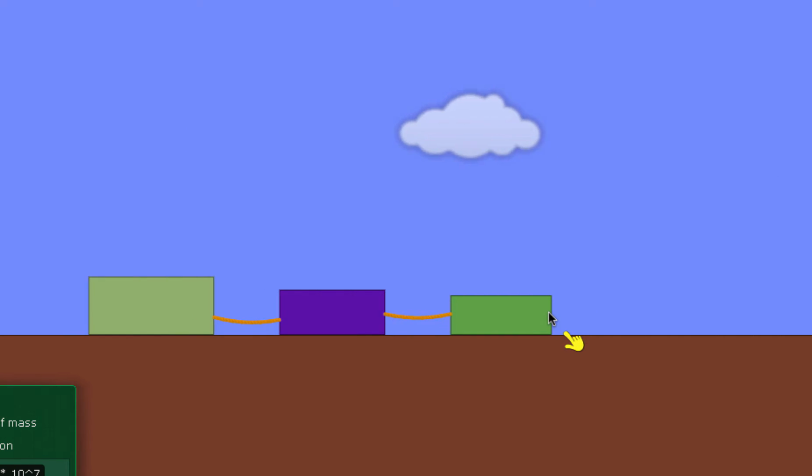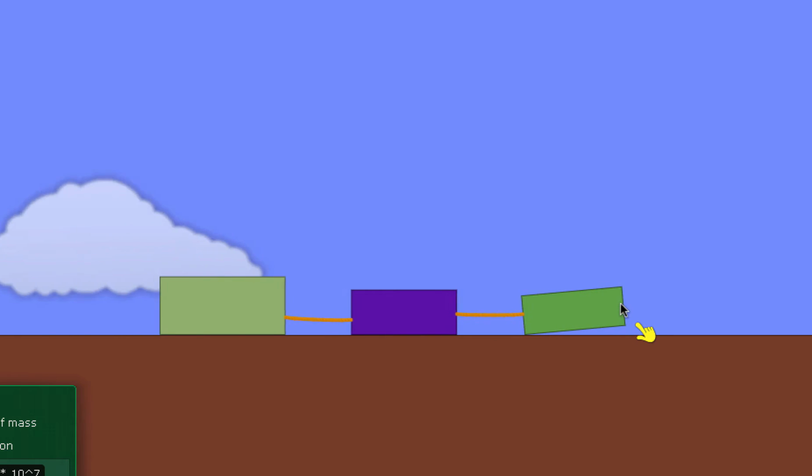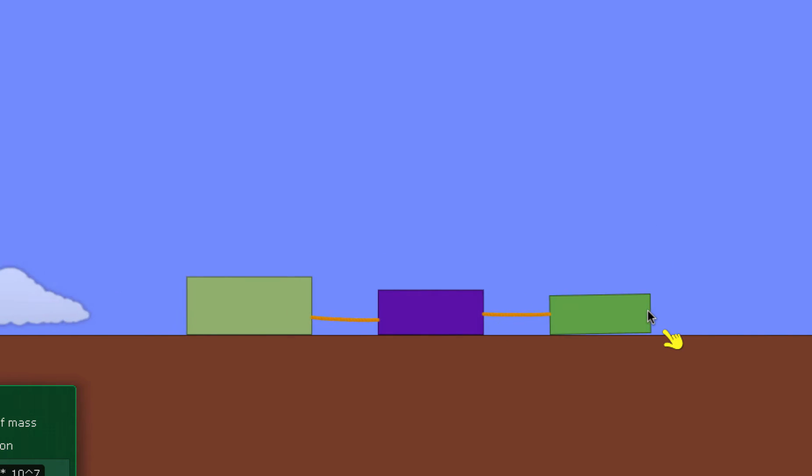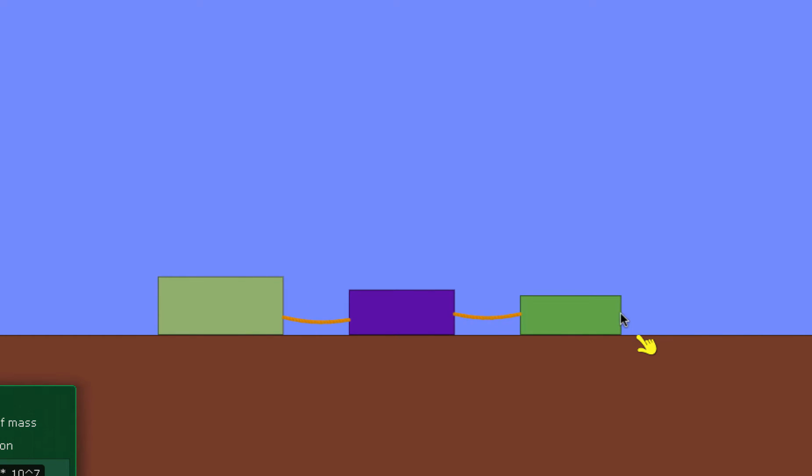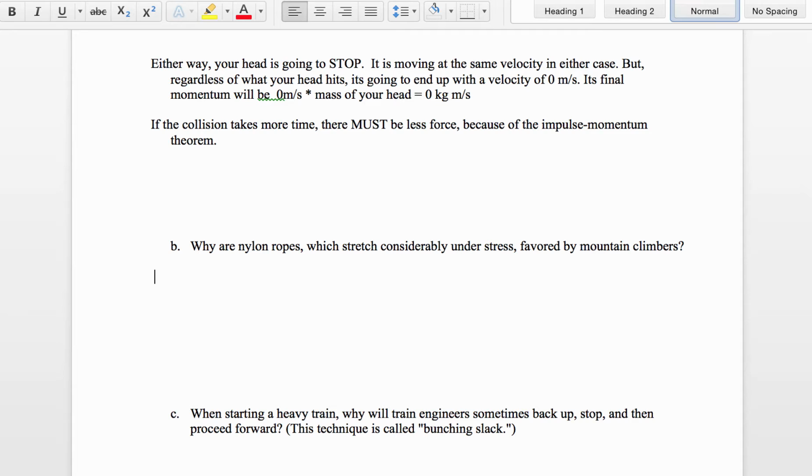So would you rather pull everything at once because that's heavy? That's three carts all at once, or do you want to pull one, get one going, then the other going, then the other going? Again, this is increasing the amount of time it takes to get that momentum up. So it's the same. These are all the same questions. It's just you might have known that about trains.